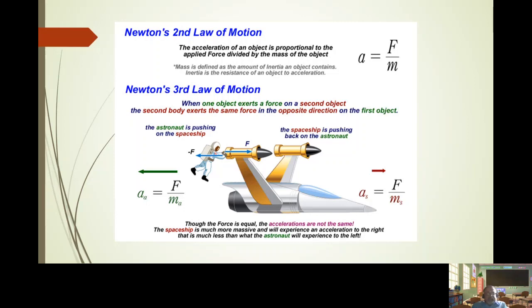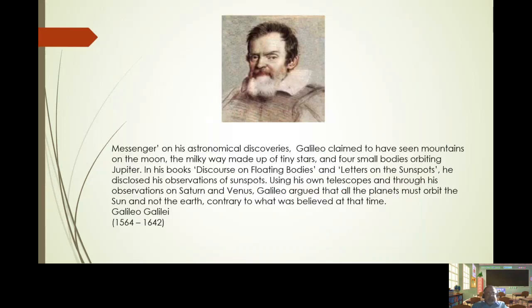Another great scientist of the 16th century was Galileo. Galileo claimed to have seen mountains on the moon, the Milky Way made of tiny stars, and four small bodies orbiting Jupiter.